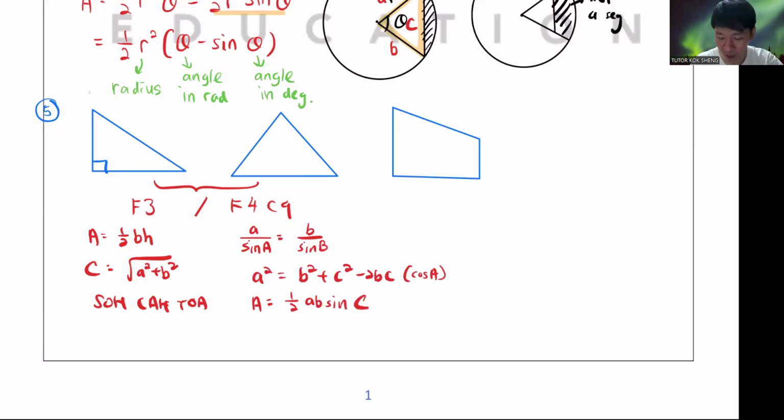Depends, we have the triangle here. It's either a right angle triangle or not a right angle triangle. Okay, and the last one will be this part, trapezium.